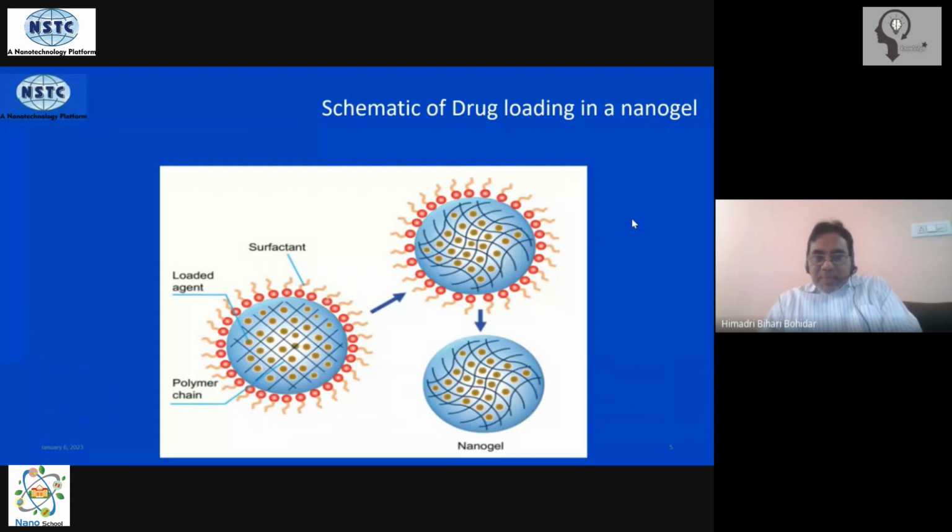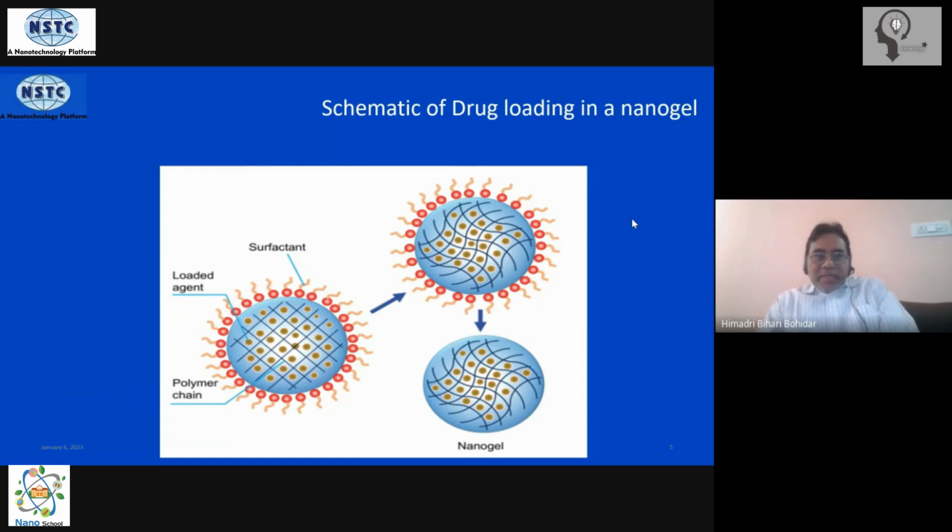Now, after the nanogel is formed, the next task is to load the active agent inside it, which can be a drug molecule, an enzyme, or anything else that you would like to load inside the nanogel.